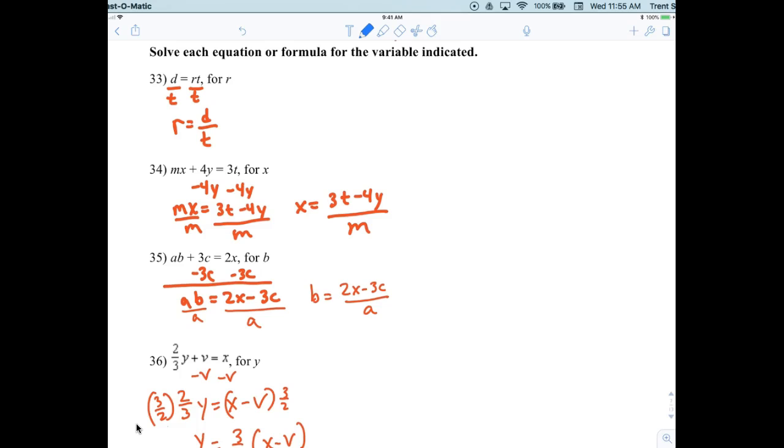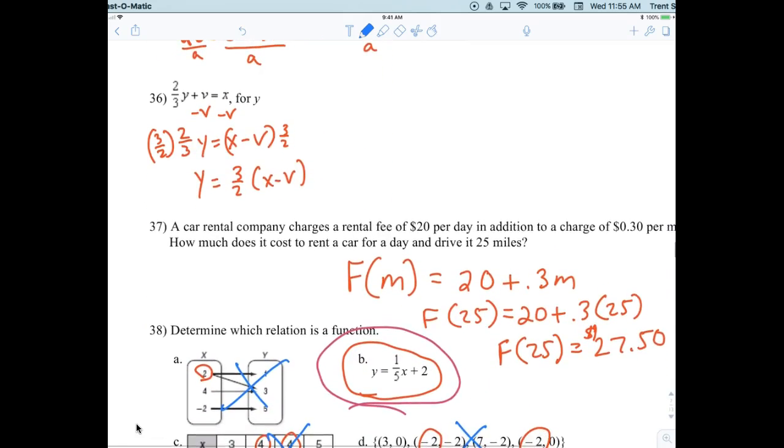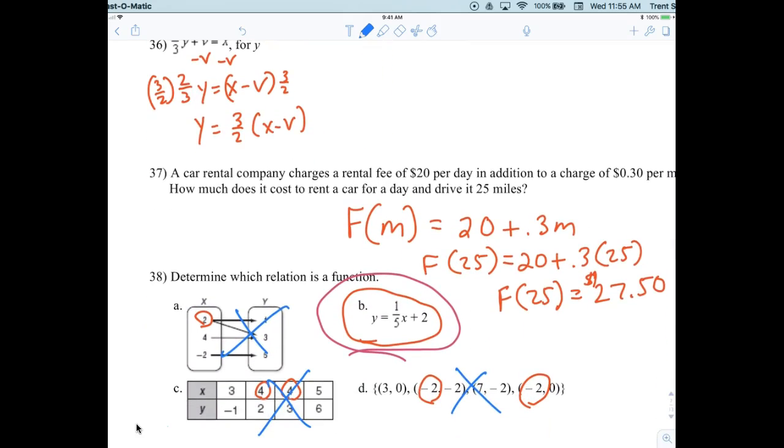All right, now why is 36 a little bit trickier? Because of the fraction. How do we undo fractions, though? Multiply by the reciprocal. So everybody take a look at that. Max, you still with me? So first thing I subtracted v.